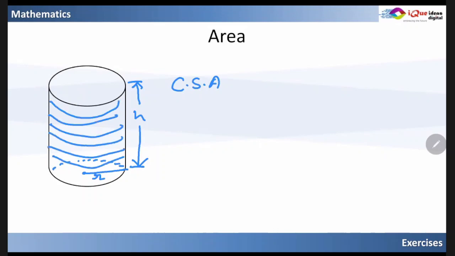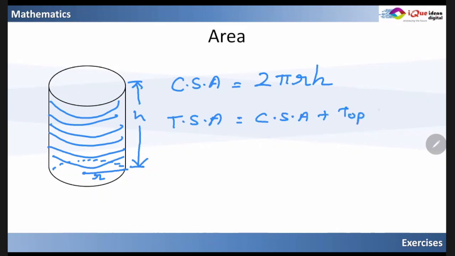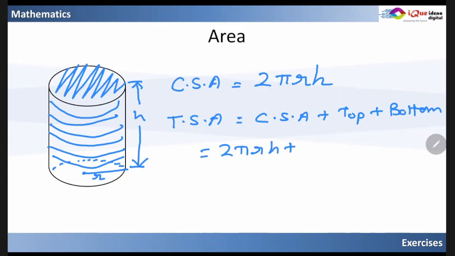That means if I consider it to be a hollow pipe, no top, no bottom, then the curved surface area is 2 pi r h, and the total surface area, which is nothing but the curved surface plus the top plus the bottom. So top and bottom both are circles with area pi r square. So total surface area is 2 pi r h plus 2 times pi r square.